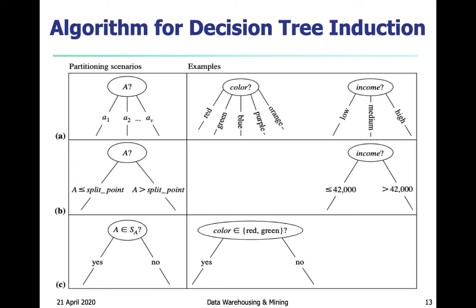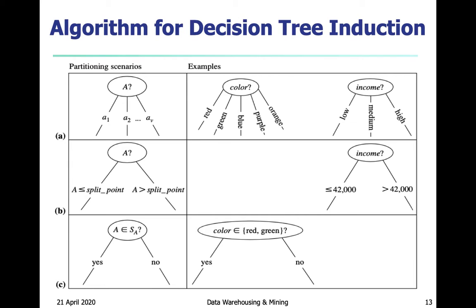In this case, the outcome of the test at node n corresponds directly to a known value of A. So a branch is created for each known value aj of A and labeled with that value.